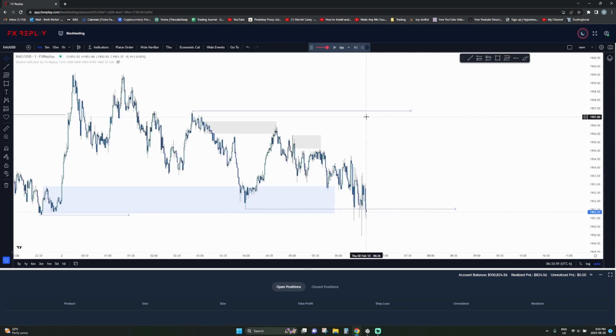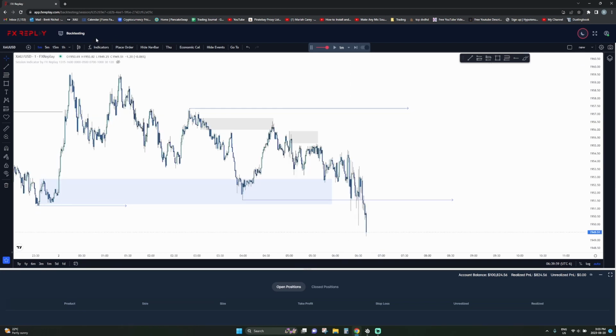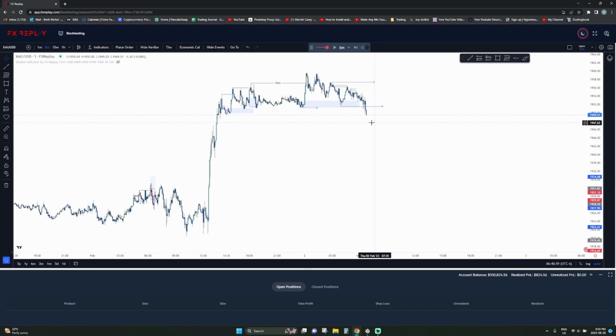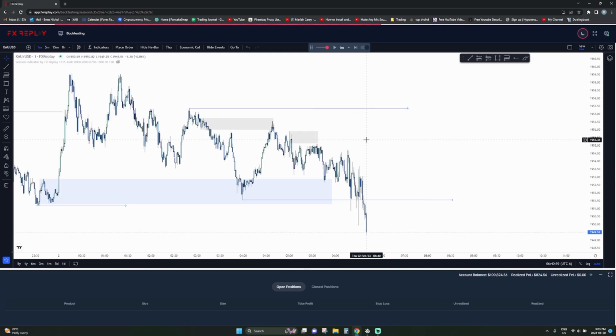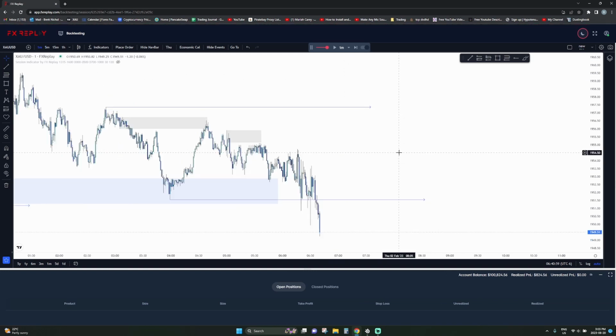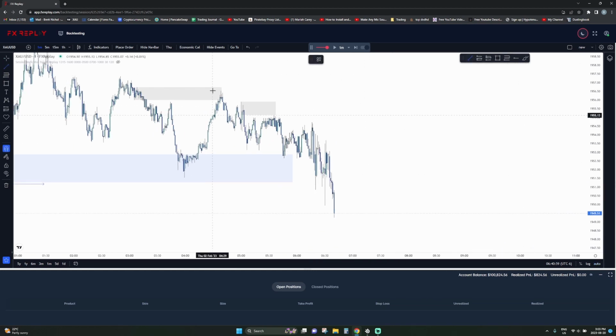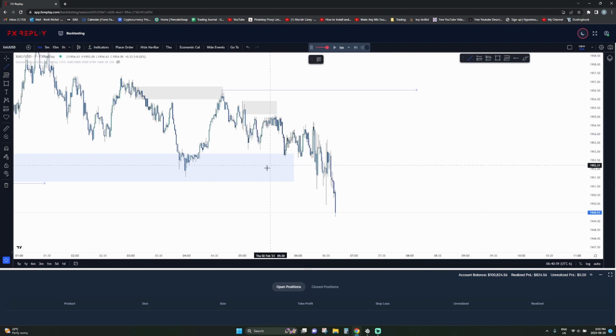So it doesn't really look like it's M5. See if M5 closes under. It did. So now we're looking for the shorts. So now my range I'm looking for the shorts in on M1 is currently wherever the retracement happens.